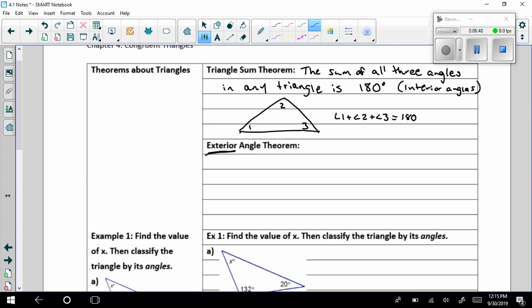Okay, the exterior angle theorem is the sum of the two, and they're called remote interior, I'll show you what that is, remote interior angles is equal to the exterior angle.